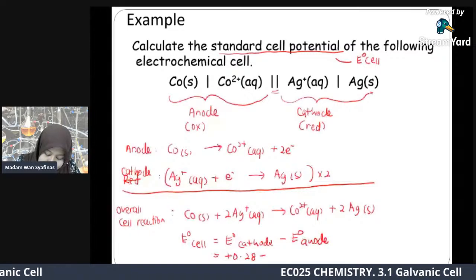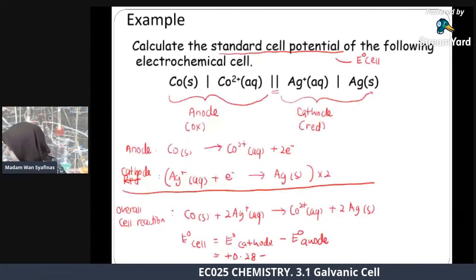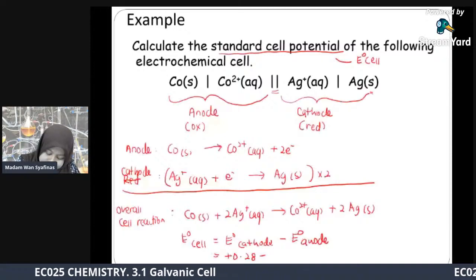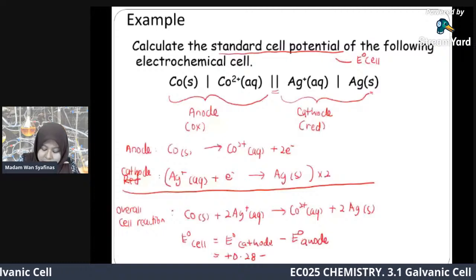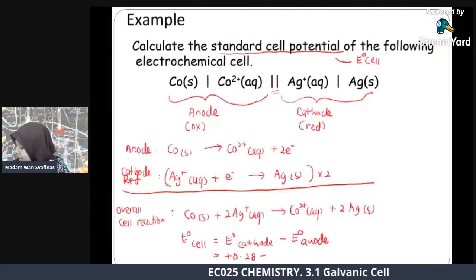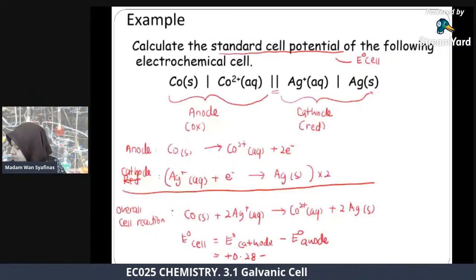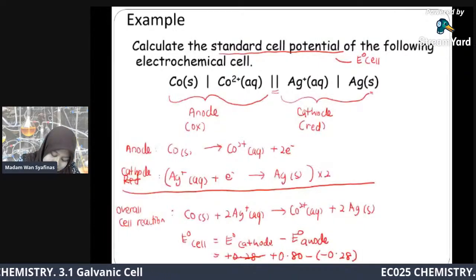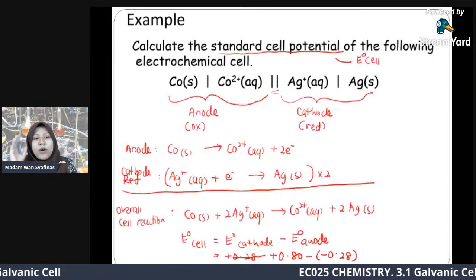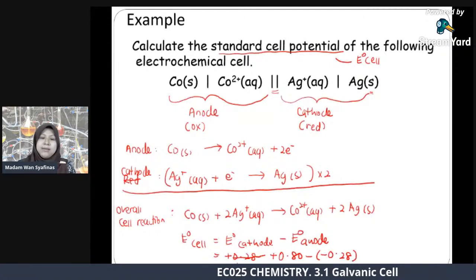Positive 0.80 minus negative 0.28. Okay. So from this one you get E naught cell. So the value for E naught cell is positive 1.08. Okay, unit for E naught cell is volt, V.